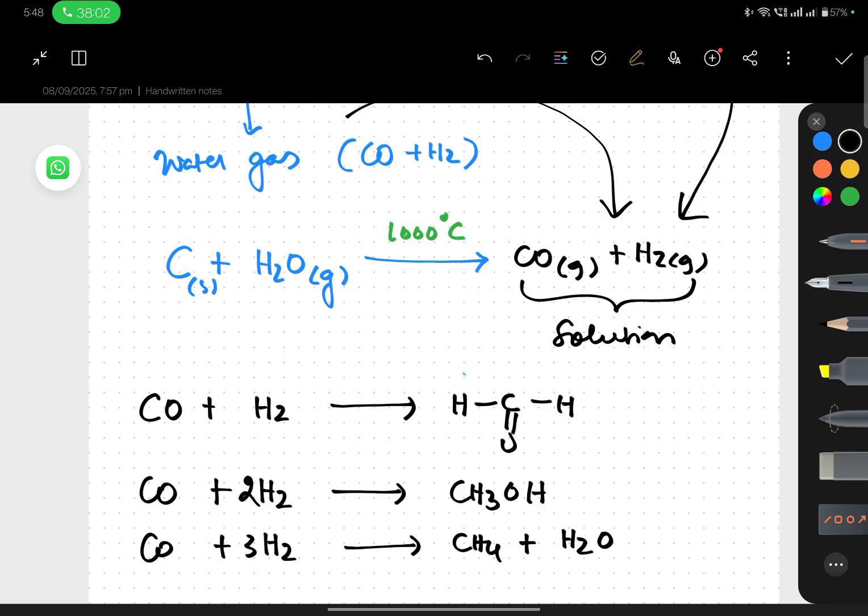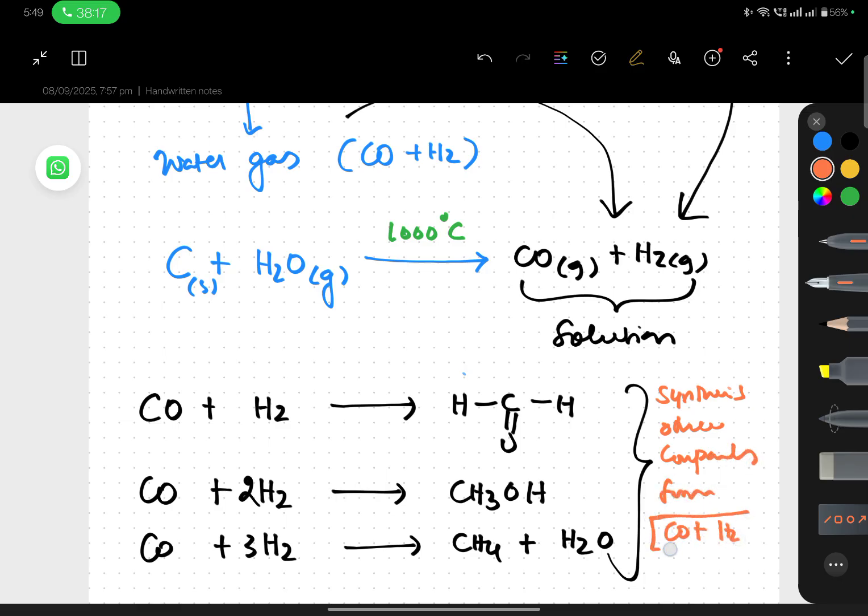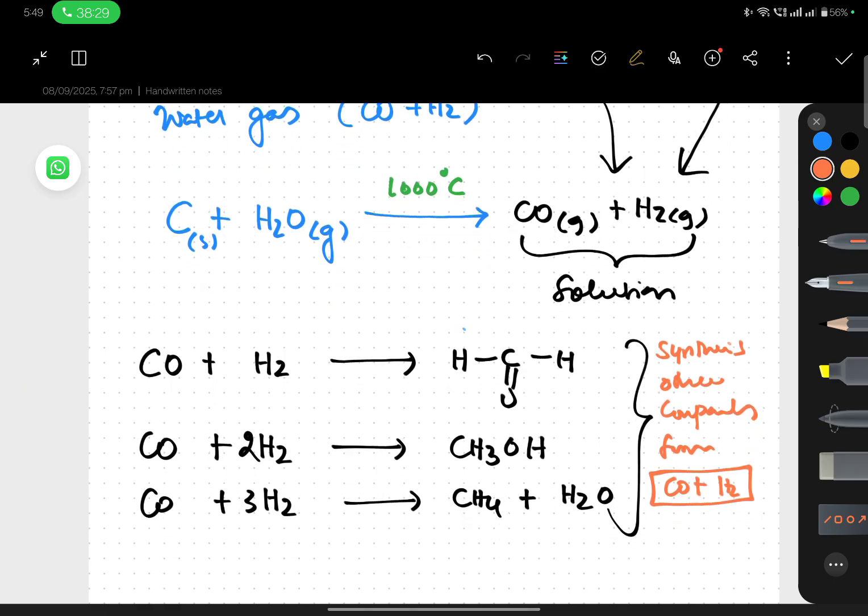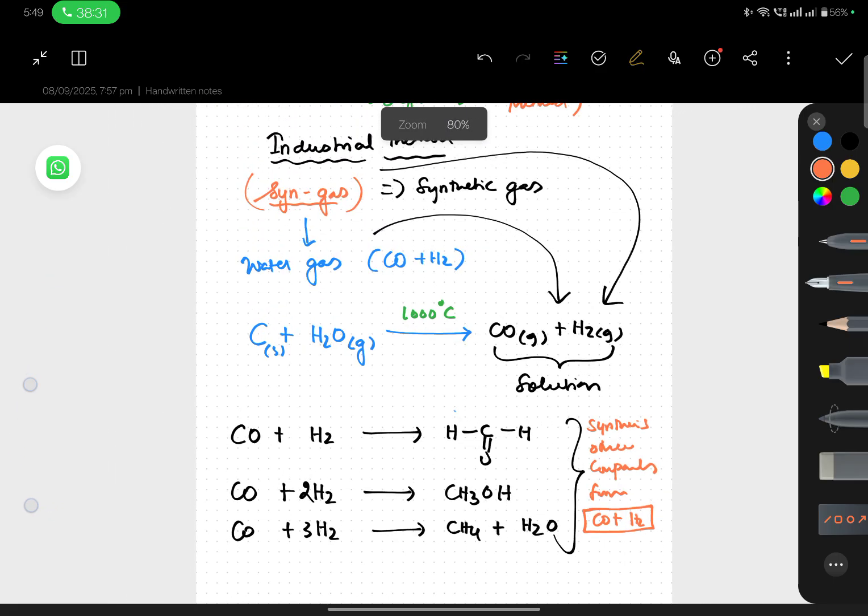Like this you can prepare many. So you can synthesize other compounds from the CO plus H2 combination. Synthesis of other compounds from CO and H2. Another name is syngas or water gas.